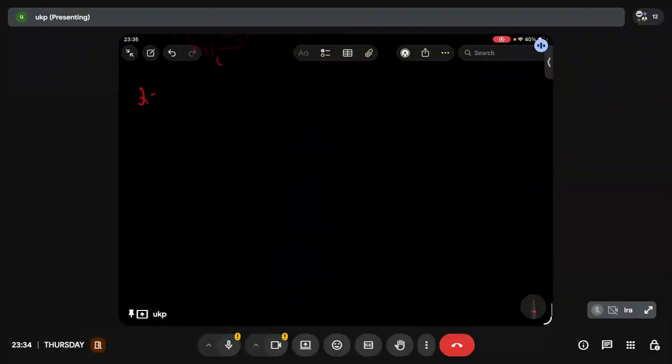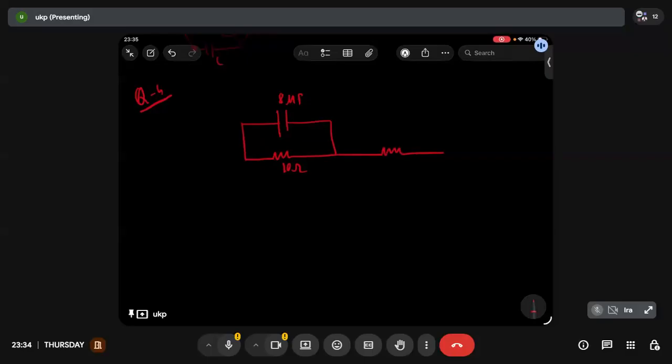Chalo, let's come to the next one. The circuit is given like this. There is an 8 microfarad capacitor. There is a resistor of resistance 10 ohm. There is a resistor of resistance 15 ohm. And this is 5 volt.